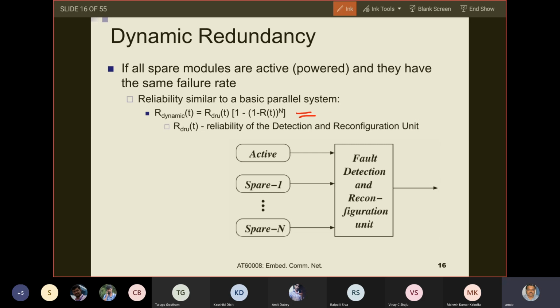Given n spares, these n spares are n parallel components, and if any one of them works correctly, the system works correctly. The only catch is the fault detection and reconfiguration unit. When the active is running, what is the probability that a fault in the active will be correctly diagnosed? That is R_DRU.